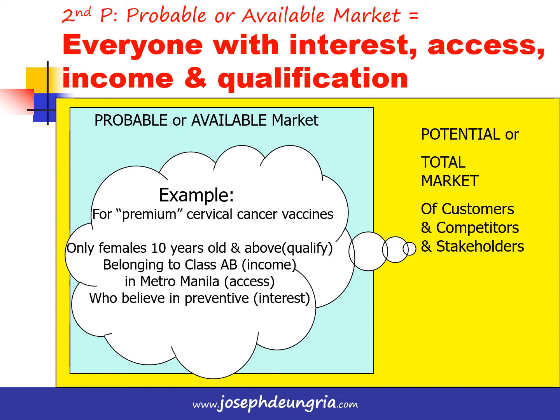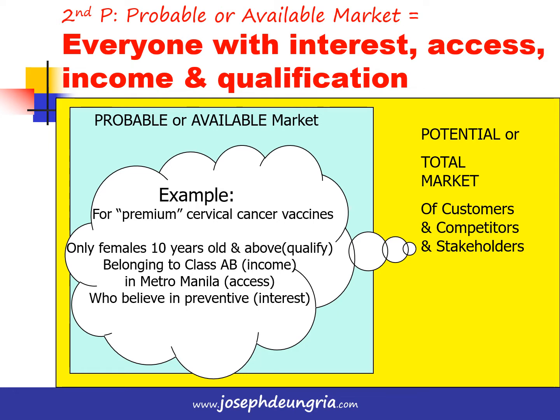And access-wise, it's in areas within the cities or places where this is available. So while everybody might be interested in it, the probable market is smaller than the potential market.